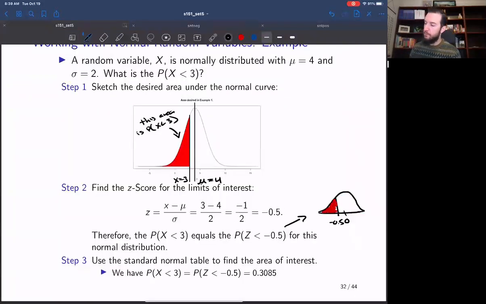So that means that the probability that x is less than 3 when mu equals 4 and sigma equals 2 is equal to the probability that z is less than negative 0.5, which is 0.385. 0.3085, sorry. Okay.